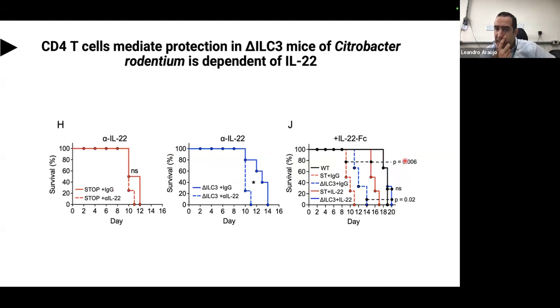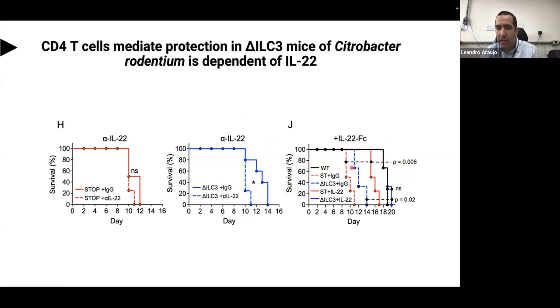So to confirm that this effect is IL-22 dependent, we did the same experiments with the Rorc-gamma stop in the delta ILC3 mice. As you can see here, when we deplete using a depleting antibody for the IL-22 cytokine, we lost the differences between the stop and the delta ILC3 mice.